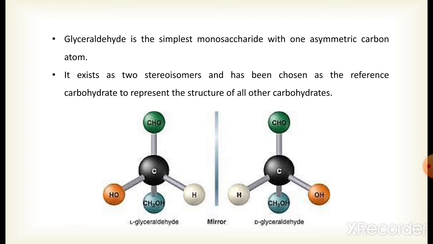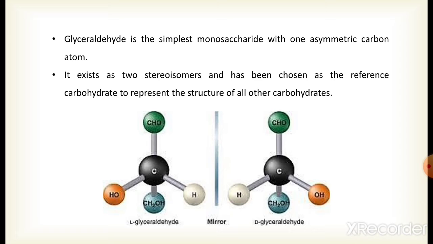In such cases, the orientation of the hydrogen atom and hydroxyl group around the lowermost asymmetric carbon atom is considered for determination of D and L forms, and these D and L forms are called enantiomers.